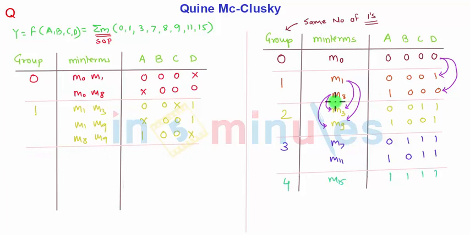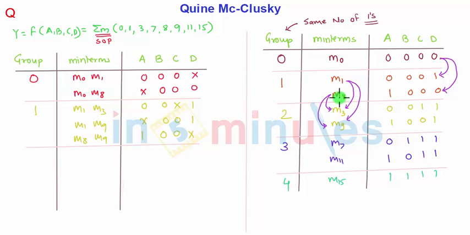It might be possible that M8 has no combination with M3 and M9 or the next group. Then what we need to do is take M8 separately and add this term directly to the final equation. Make a note of this point, it is very important.